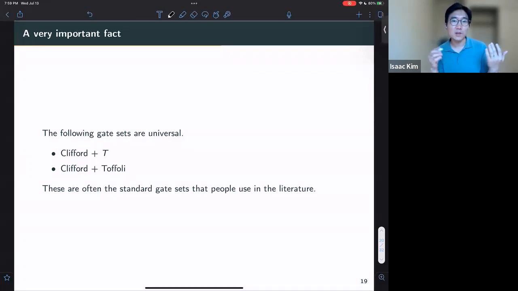But at the very least, you can do them as well as you want. So for example, you give me the precision that you want, say 1%, then I'll give you a circuit which approximates your unitary up to that 1% precision. And if you want your precision to be 10 to the minus 10, I can also do that. 10 to the minus 20, I can also do that.